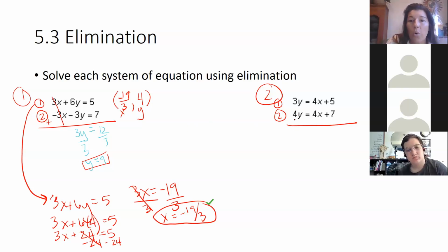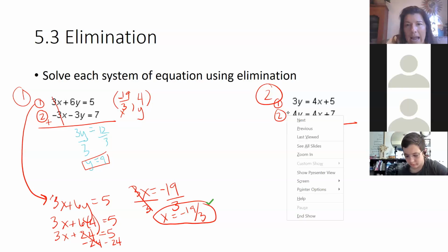Okay, so we're going to get number 2 started. We're not going to finish it because we need to talk about the other lesson real quick. So for number 2, should we add or subtract these together in order to eliminate one of the variables? You can mentally add them all, see if a variable goes away. Notice adding doesn't work, so I'm going to subtract.